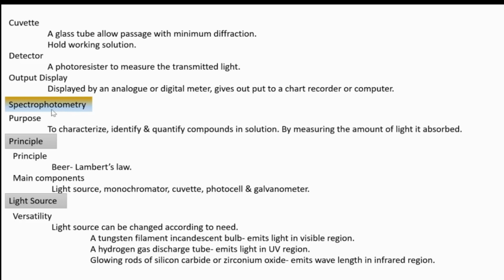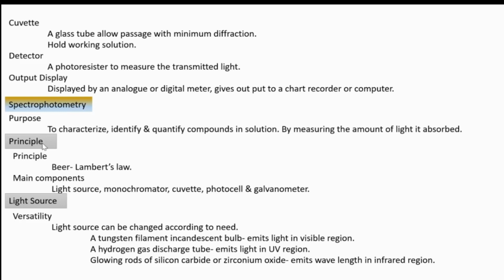For all these purposes, we use spectrophotometry, and it's similar to other instruments that we have learned. Here also, we identify all these aspects by measuring the amount of light absorbed by the solution that we have taken to understand its concentration or its quality.